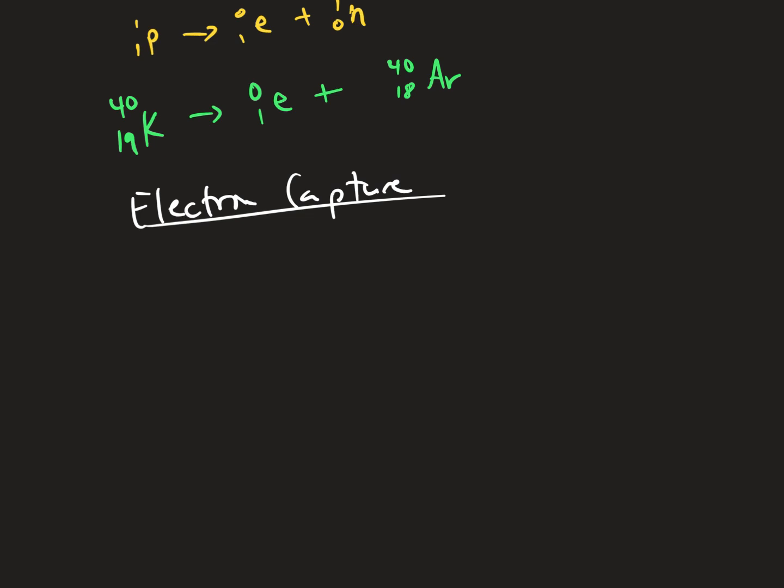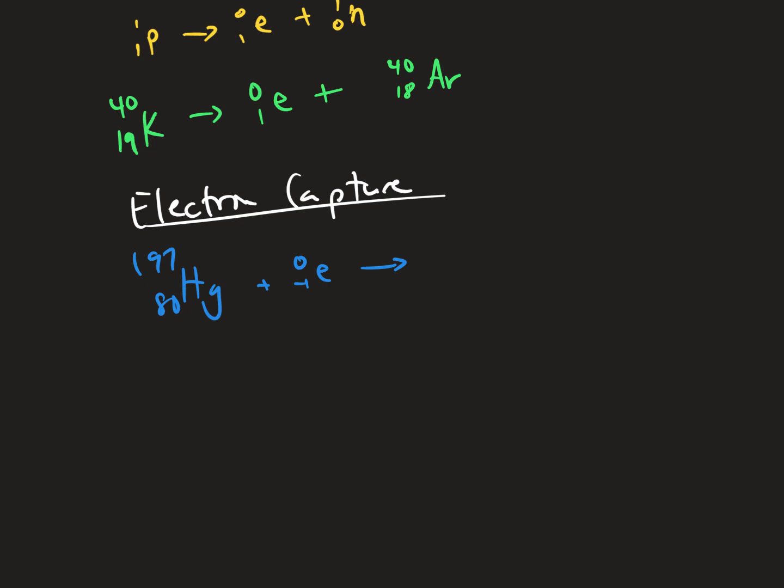So, for example, we have mercury 197, and it's an electron capture, so we're taking it in before the arrow. And it's an electron. It looks just like a beta particle, right?